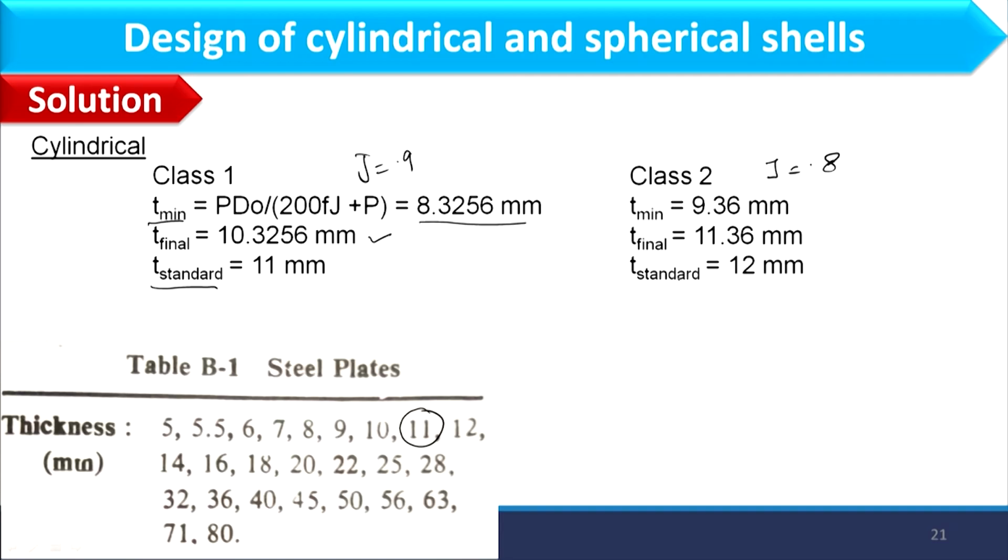Similarly for class 2 I can find standard thickness as 12 mm. So, in this way we can calculate the thickness of cylindrical as well as spherical vessels. Minimum thickness, thickness with corrosion allowance and standard thickness, these three thicknesses we need to find for any system.